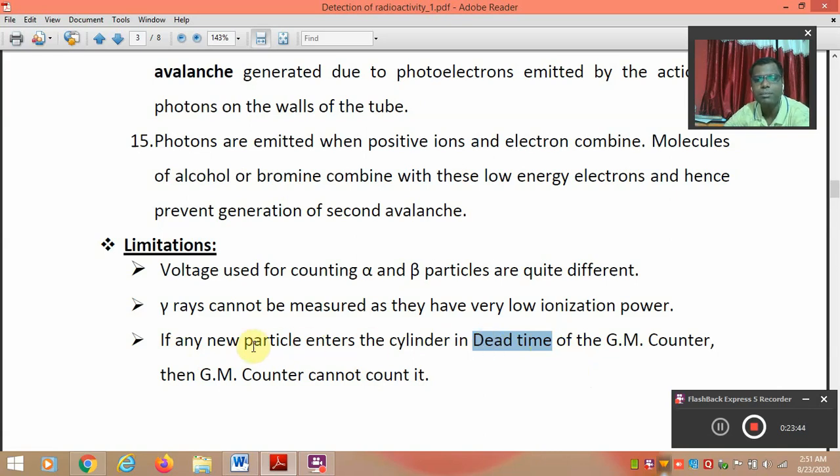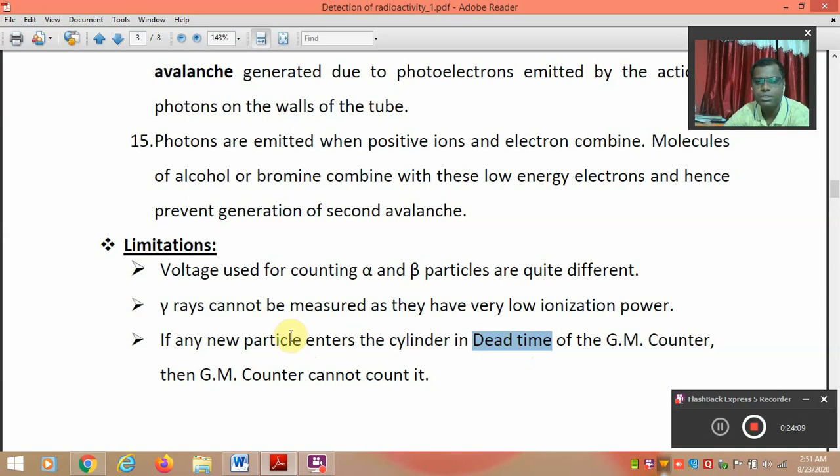So any particle that enters during the dead time cannot be detected, measured or counted. So these are some limitations of the GM counter.